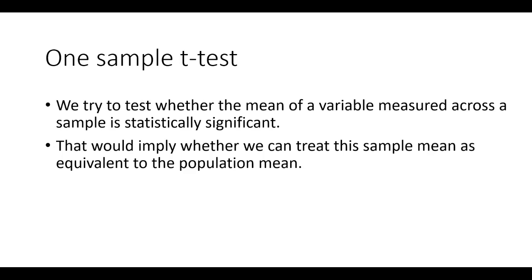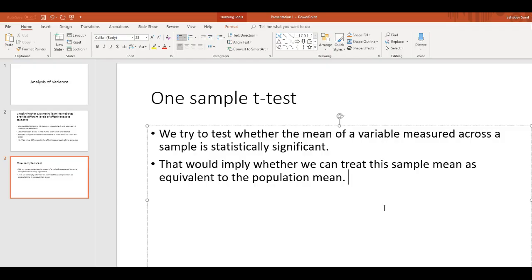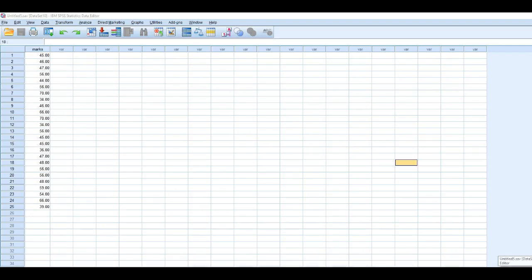So let's look at the data that I have developed for this test. As you can see, there are 25 students. All these students have accessed a mathematics learning website, and after 1 month they have all been tested using a mathematics question paper.